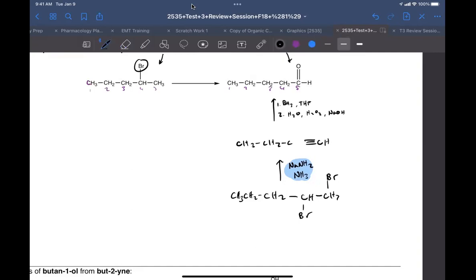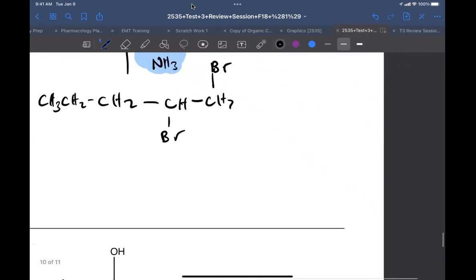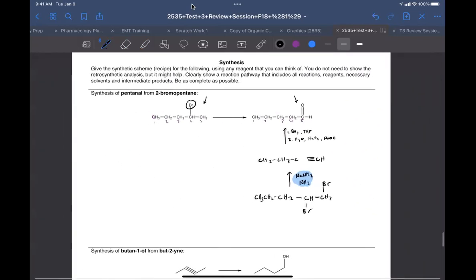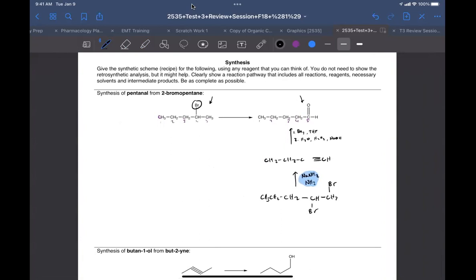All right, how do I get from a bromopentane to a dibromopentane? Well, there's no one reaction, unfortunately. You can't just HBr this stuff. There's no alkene. However, there is a way we can get a dibromo. How can we get a dibromo? Someone wants to throw it out.